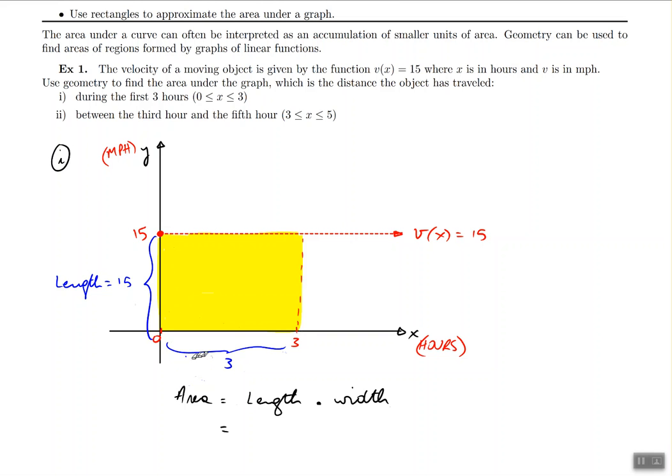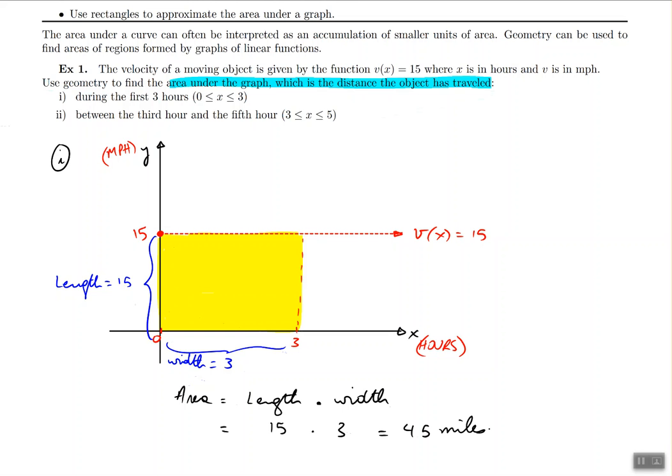Okay, this is ugly written, so let's redo it. Width is equal to 3. At this point, we plug in the numbers, 15 for the length times 3 for the width, which is 45. Keep in mind that this is area, and they told us in the problem that the area under the graph is the distance that the object has traveled. So if this is a car, it's how much distance this car has traveled. The distance is 45, in miles.